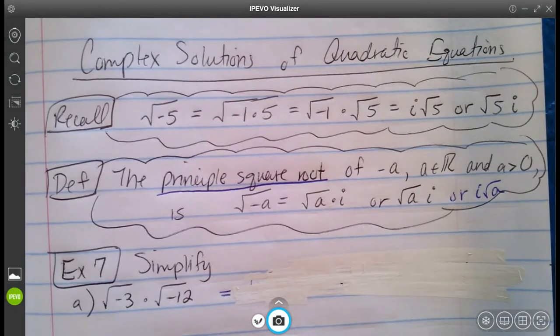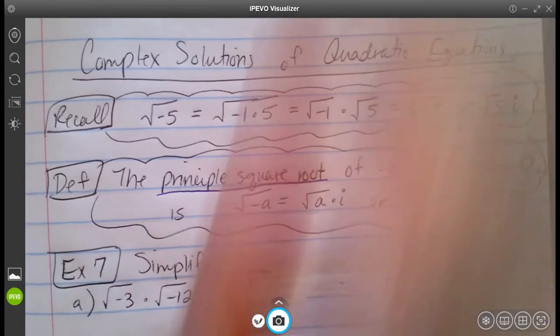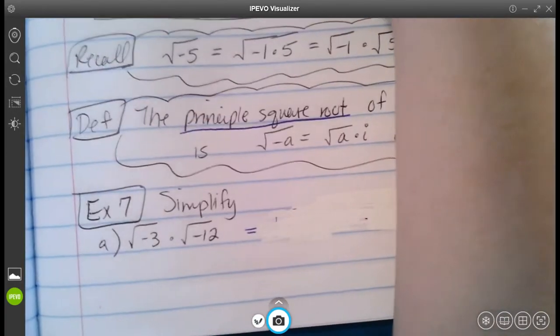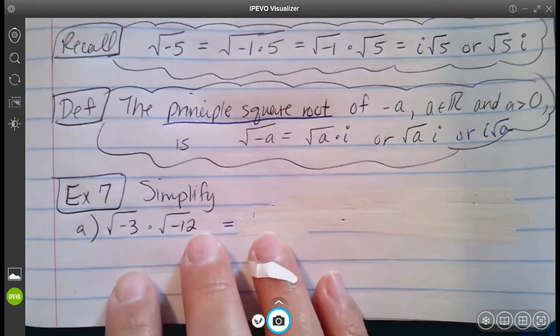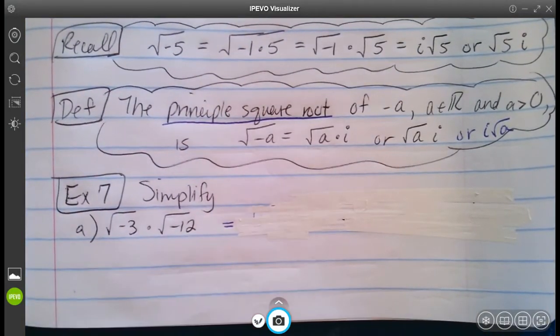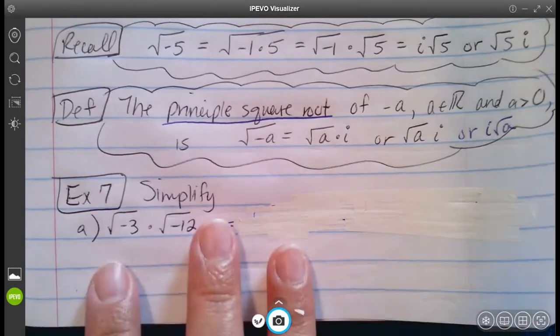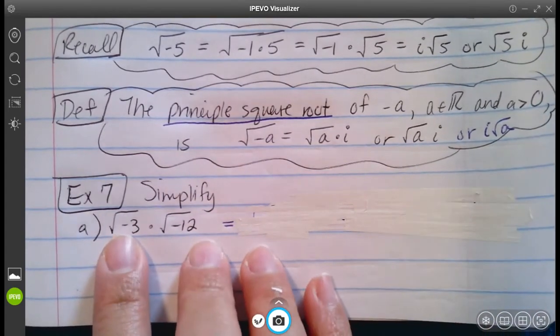So we're going to go ahead and simplify the following. I'd like to make a note on this example that usually when we're dealing with numbers like this, we can just multiply them straight out, but if they're both negative, we have to follow a different pattern. We have to consider that imaginary part of it.